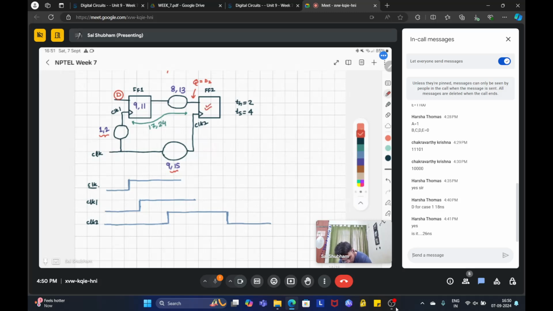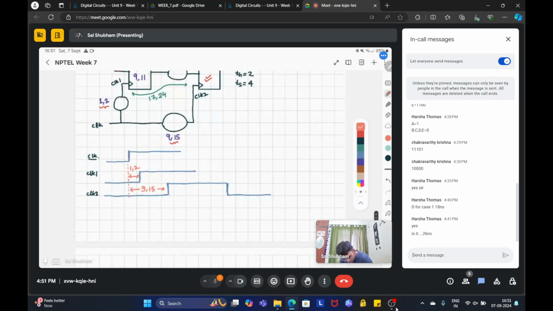This delay is 1 comma 2. Similarly, this delay is 9 comma 15. So 9 is the minimum time and 15 is the maximum time. This is the time period T.